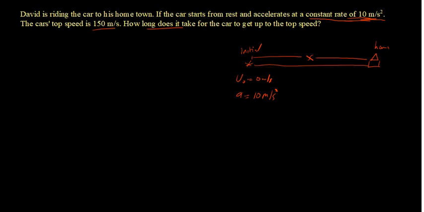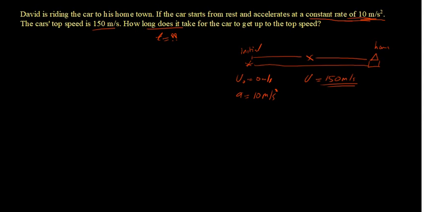And we know for sure that the maximum speed within this trip is 150 meters per second. Now, the question is, how long does it take David to get to the top speed of his car? How long does it take from starting at 0 to 150 meters per second?